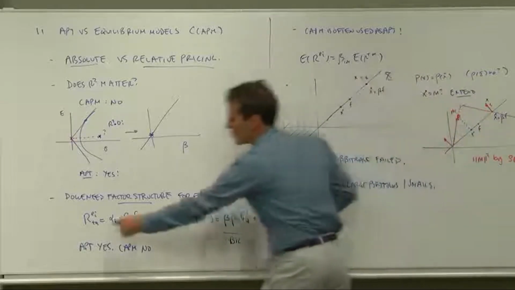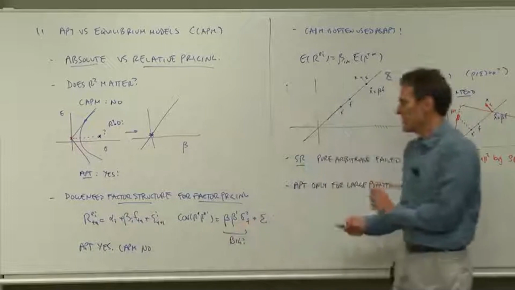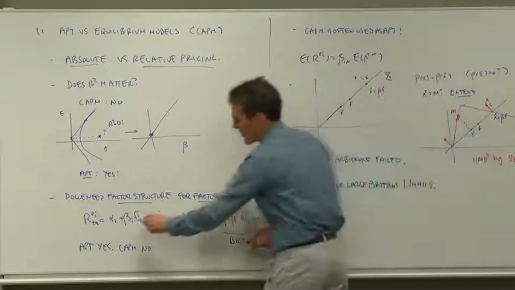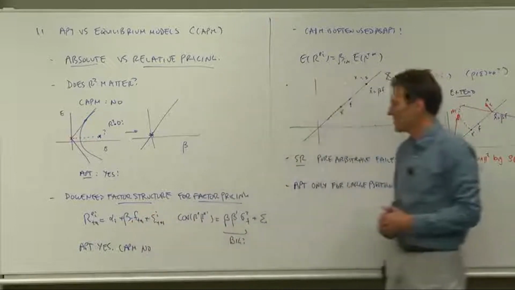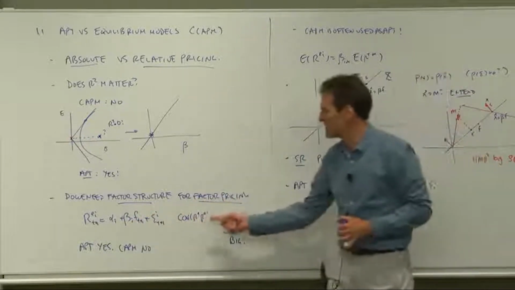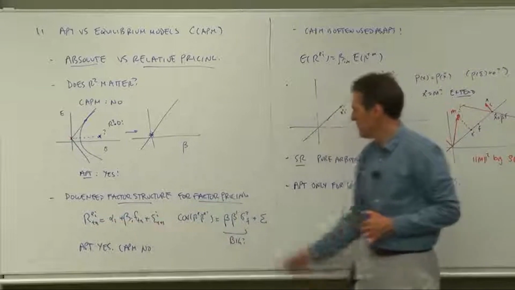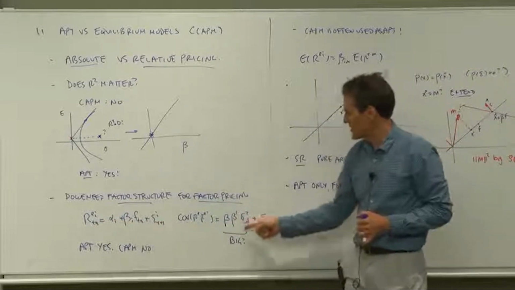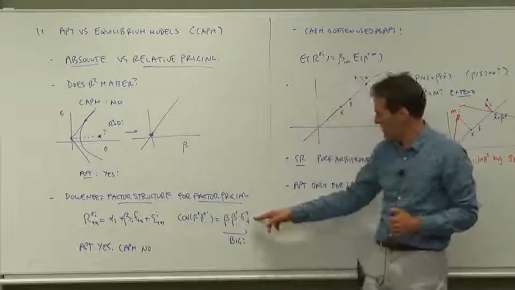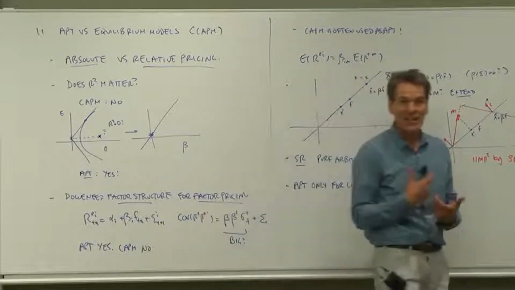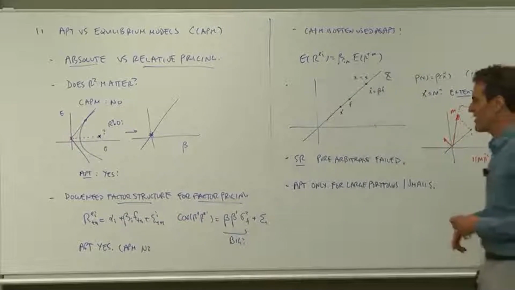When I think about the covariance of one return with another return, a component of that covariance is how much do their betas load up on the common factor. When I derive the covariance matrix of returns, the first component of that covariance matrix is the vector of betas, beta beta prime, times the variance of the factor. That's factor structure in the covariance matrix.